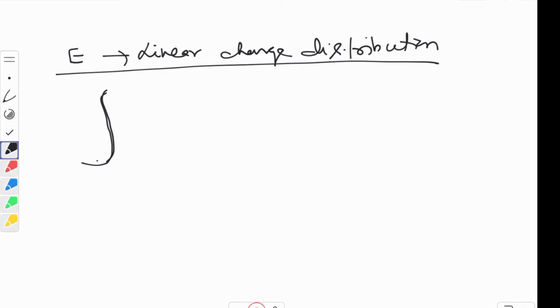This is your line, linear charge, or you can take a rod also. Here charge is continuously distributed, and we want to find out the electric field over here, which is at a distance r like this. Then how to find it out?